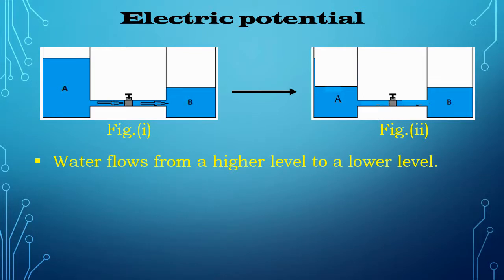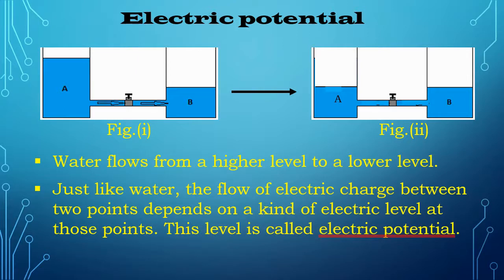This happens because there is no more pressure difference to cause the flow of water. Just like water, the flow of electric charge between 2 points depends on a kind of electric level at those points. This level is called electric potential.